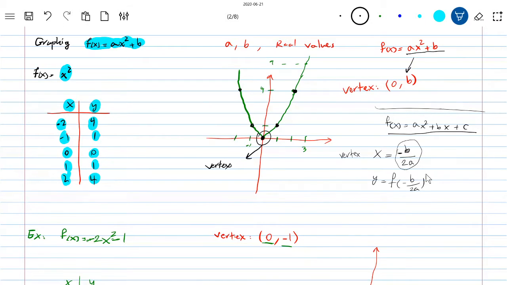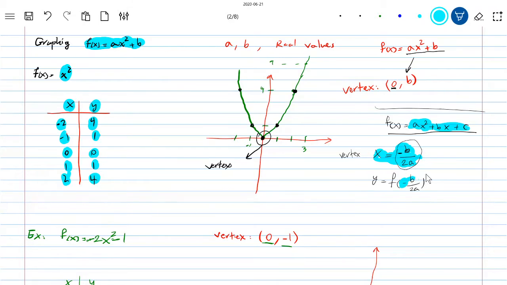In this case, we don't have bx, so that's why the vertex always is at x equal to 0. I'm not going to get into the general case, but you can try a couple of examples, just make sure that it fits this property.